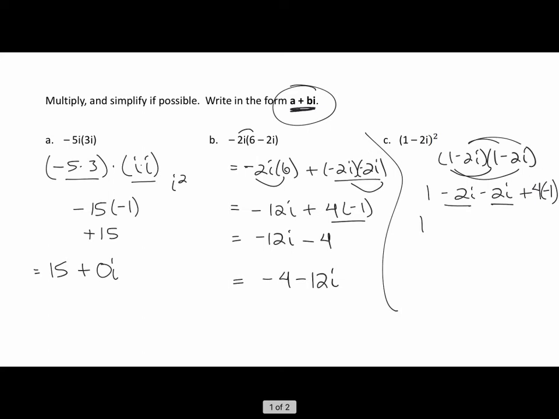So combine like terms. Minus 2 plus minus 2 is minus 4. And 4 times negative 1 is minus 4. So then we have like terms for the real number. 1 minus 4 is negative 3. And then the imaginary unit part, minus 4i.